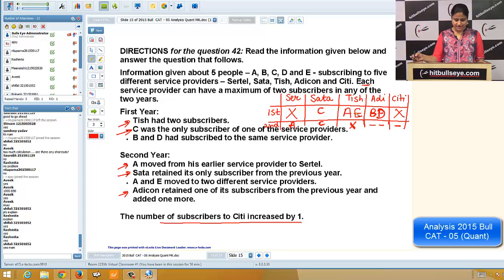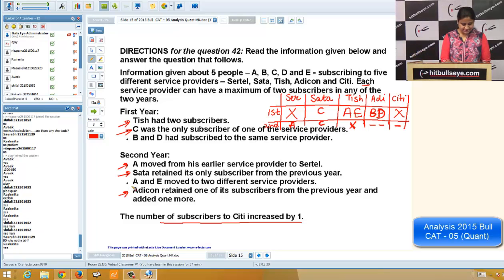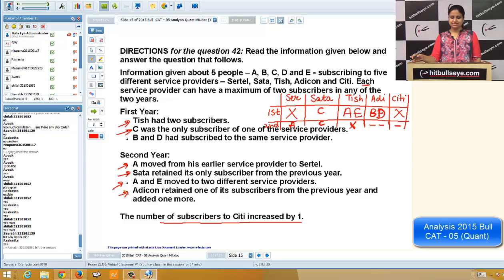Is it okay, Shefali and Rashmita? Because of this line, Saurabh, A and E move to 2 different service providers. If we take A and E in Edicon, out of A and E, only one person can move to City in the second year. Is it okay? Clear?